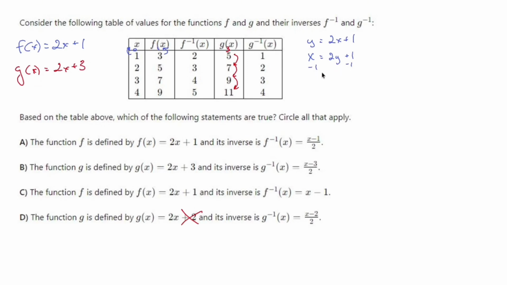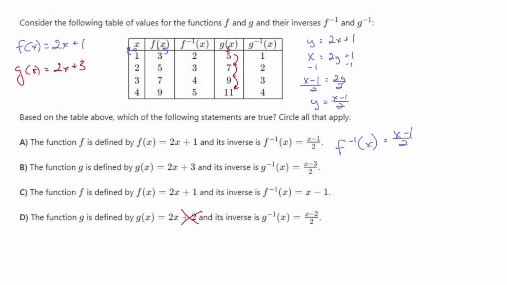Subtract 1, you get x minus 1 equals 2y. Divide by 2, and y is going to equal x minus 1 all over 2. Now this was f of x. So now we know that f inverse of x is x minus 1 all over 2.